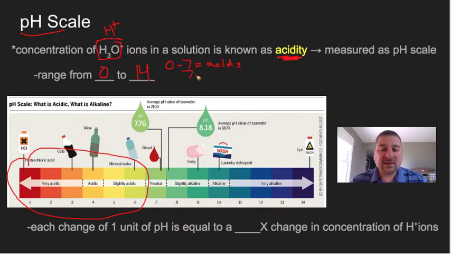The pH of 7 right here is neutral, and from above 7 to 14, these things are known as basic, or, like on the chart down here, alkaline.